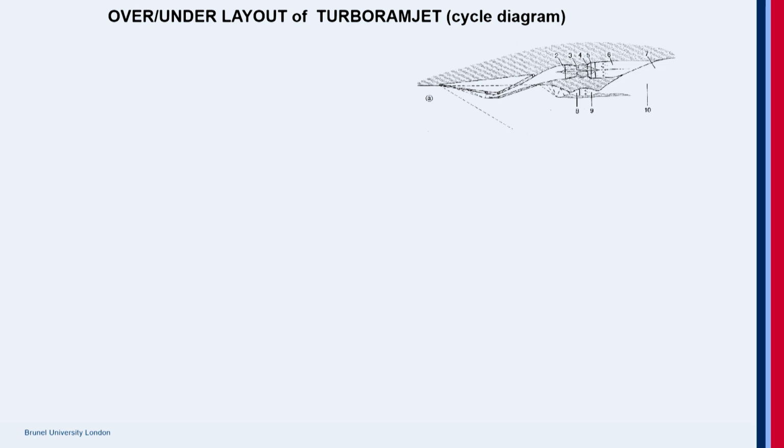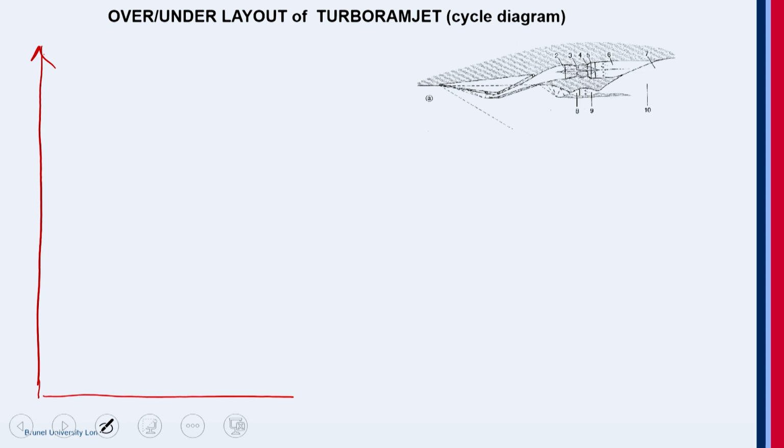If I wanted to draw the cycle diagram for this, which is very similar to the wraparound configuration, here is the unperturbed free stream condition, 0.